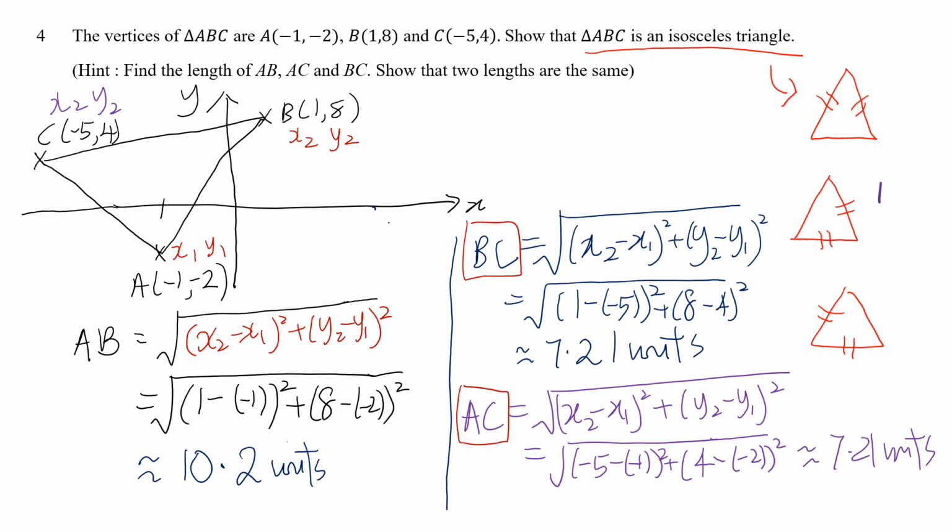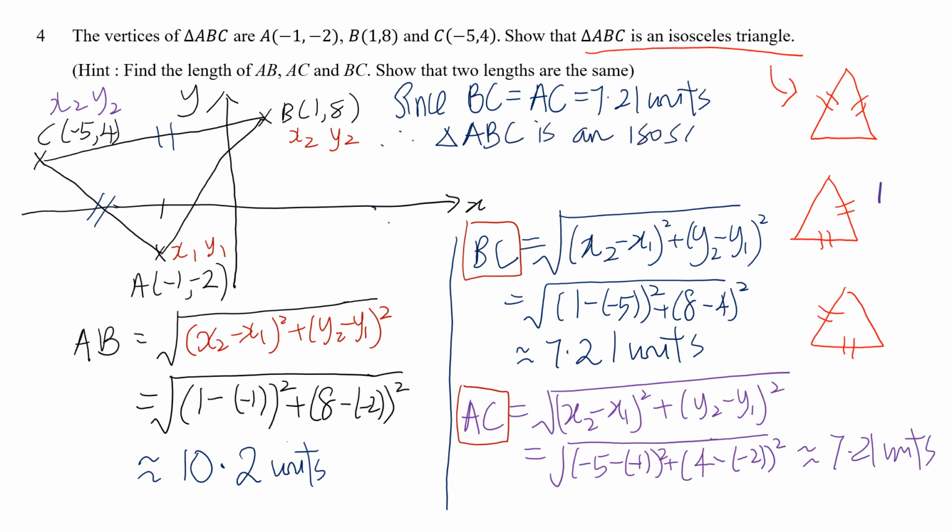We can say that since the length of BC is equal to the length of AC, which is equal to 7.21 units, that means your BC is equal to your AC. So we can say that therefore triangle ABC is an isosceles triangle. Okay, so this is how you do it.